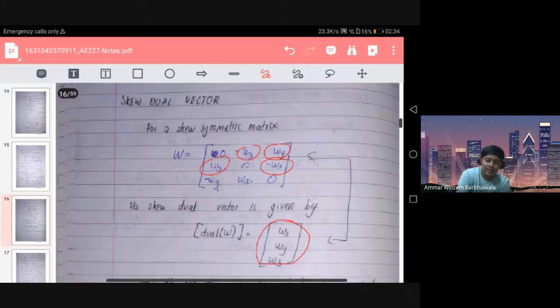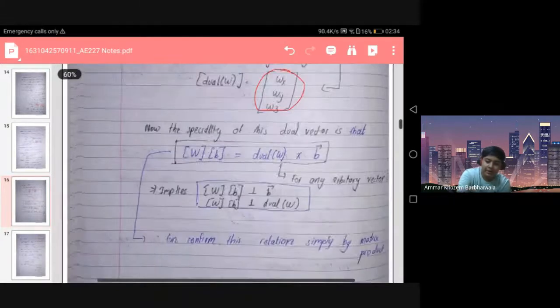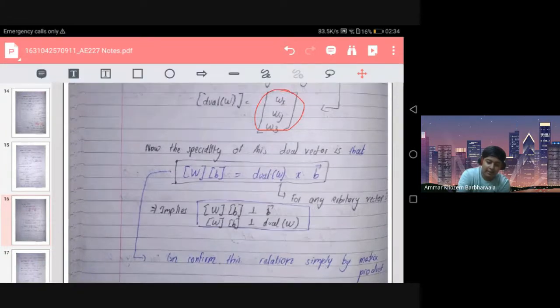It has a very nice property: if I apply this matrix on any vector v, it is equal to the dual vector omega cross v.